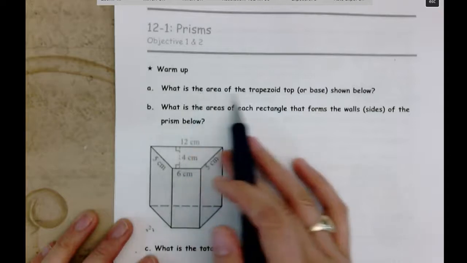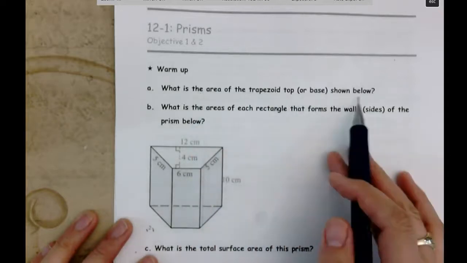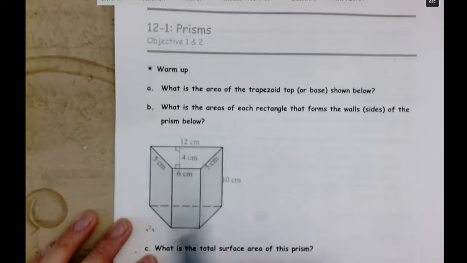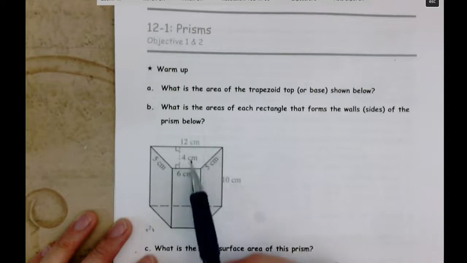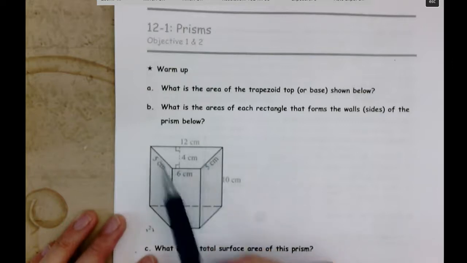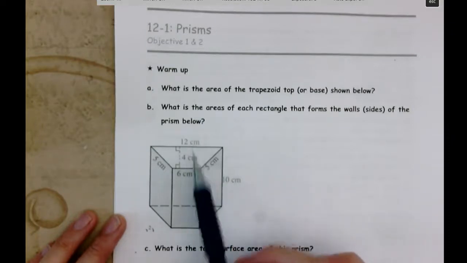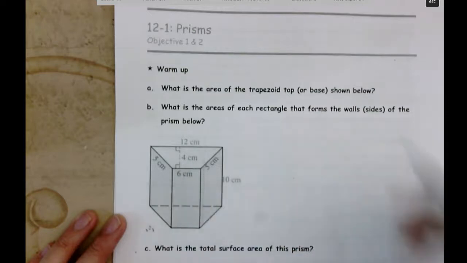First, what is the area of the trapezoid top or base shown below? First you're going to get this area and this area. These are called bases of solids, or the prism in this case. This is a trapezoid prism, and you remember how to get this area: the top plus the bottom times the height times 1/2.